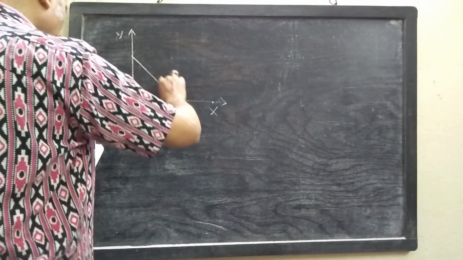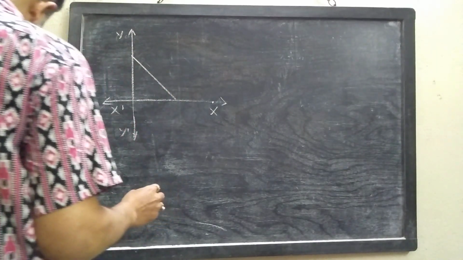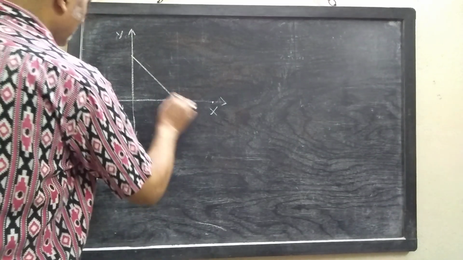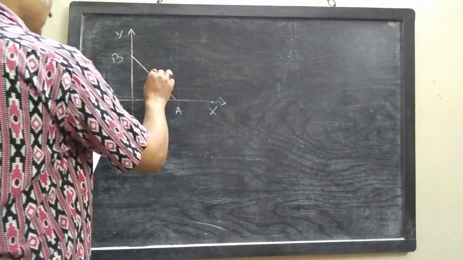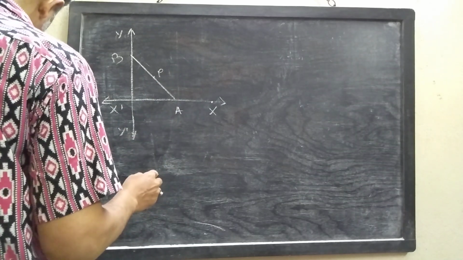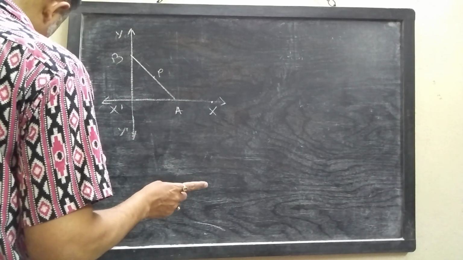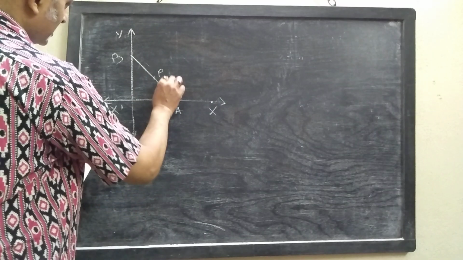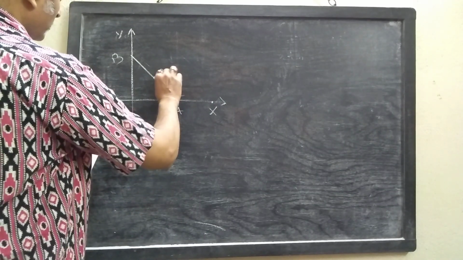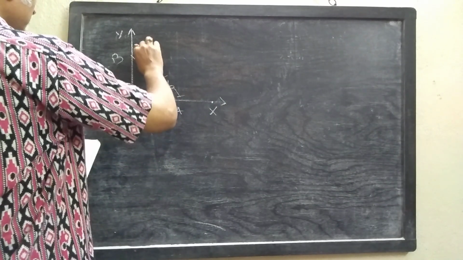This is the sliding rod. Here it is given that A is on the x-axis and B is on the y-axis. Here P is a point on AB such that its distance from A is b units, that is, this is b units from A to P, and this is a units.